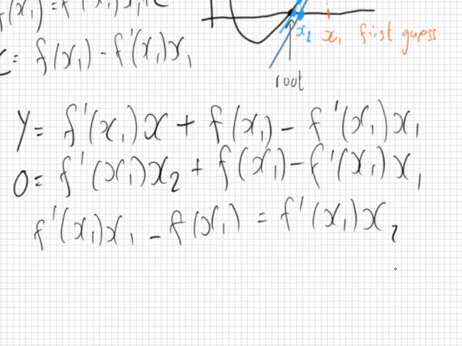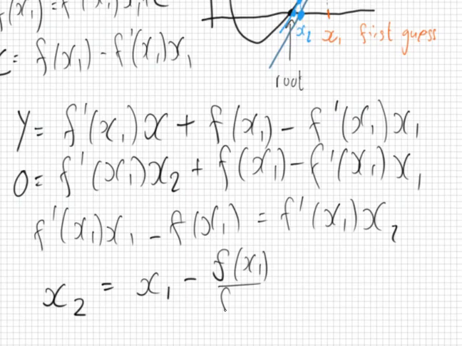So now finishing by just dividing there by that derivative, x2 equals x1 minus f(x1) over f'(x1). And that's really the key result I'm getting at here.